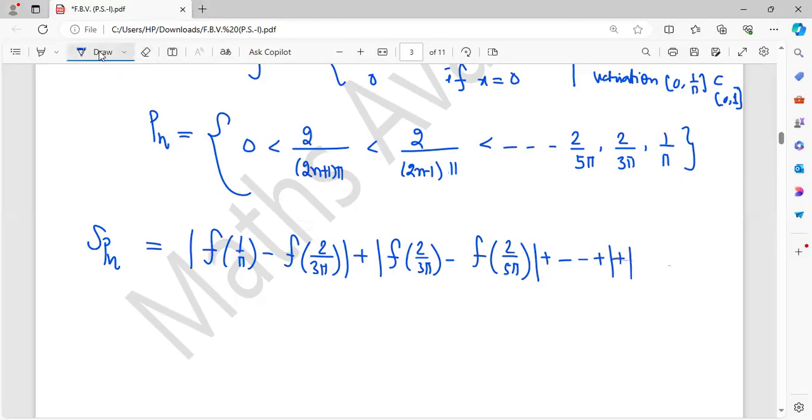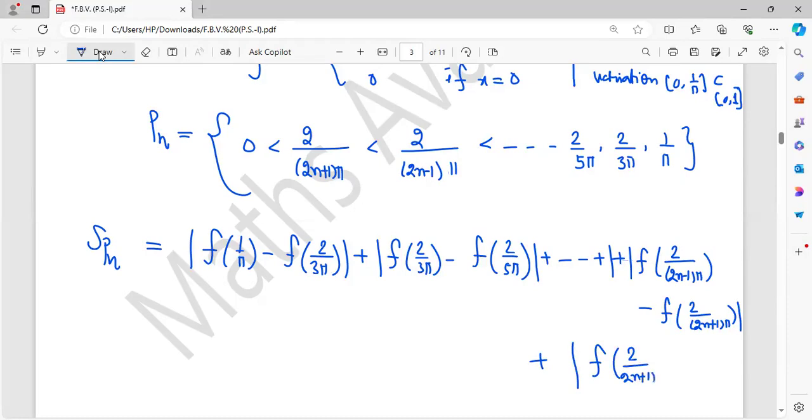Plus f(2/(2n minus 1)pi) minus f(2/(2n plus 1)pi). And the last one is f(2/(2n plus 1)pi) minus f(0).